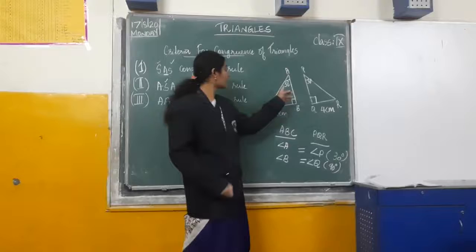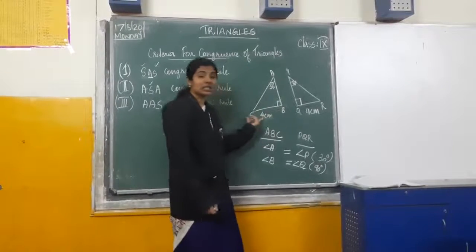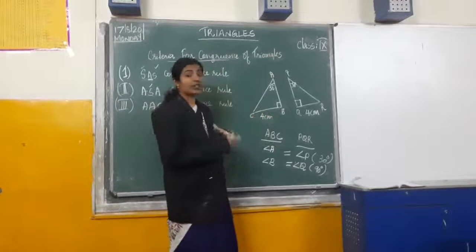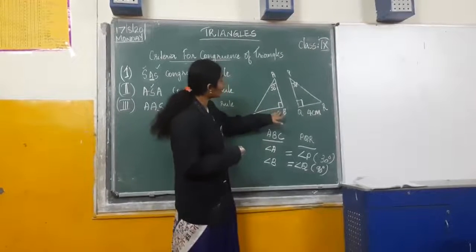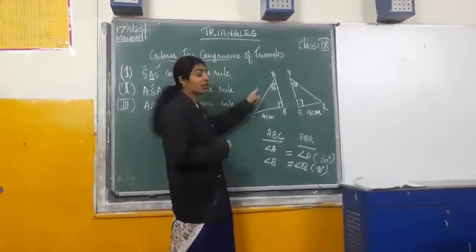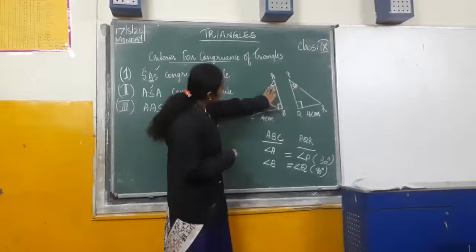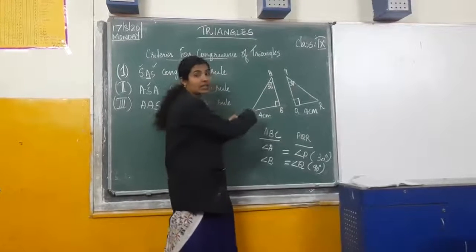Next you see one side they gave. What is the side name? BC. Side BC measurement is 4 cm. But that side is not included between these two angles. From this given triangle you can see that the included side between these two angles is AB, not BC.